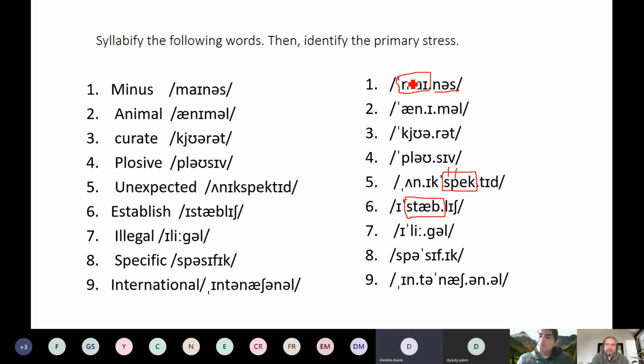Because in this syllable we have only one consonant sound and not two, three, or more, we're going to consider this as CV, consonant vowel, with the vowel sound as a short one. So this is going to be considered a light syllable. Okay.